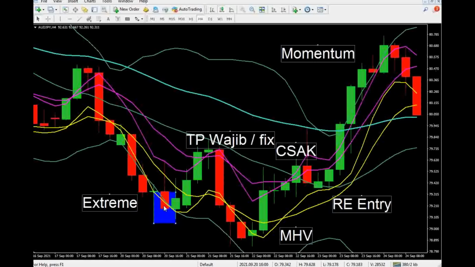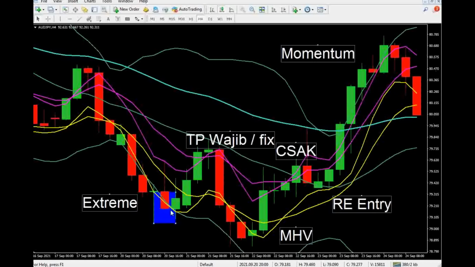Before we open a position, we need to know where to exit the position with loss and with profit.